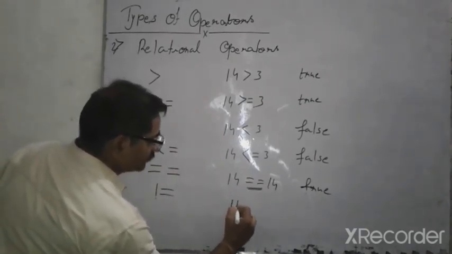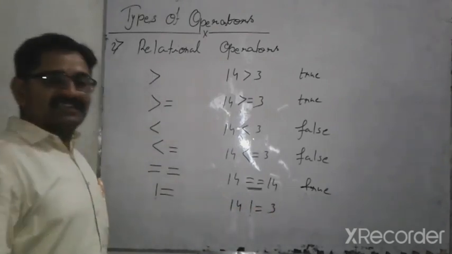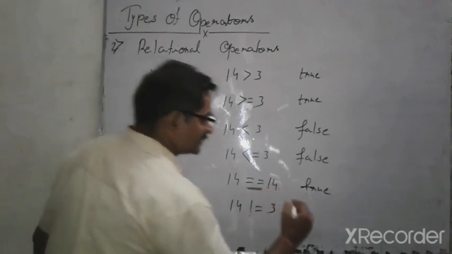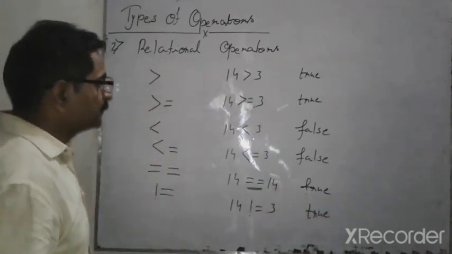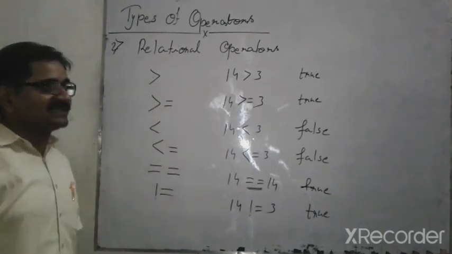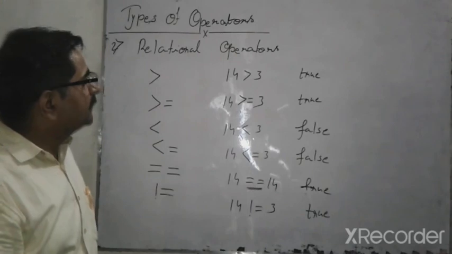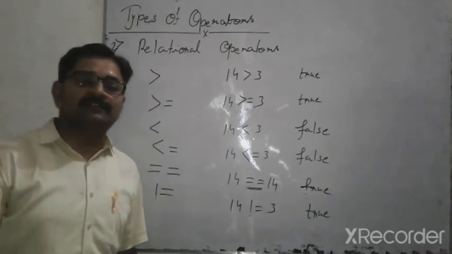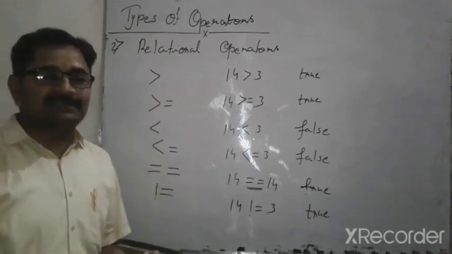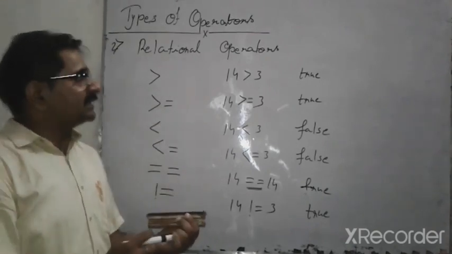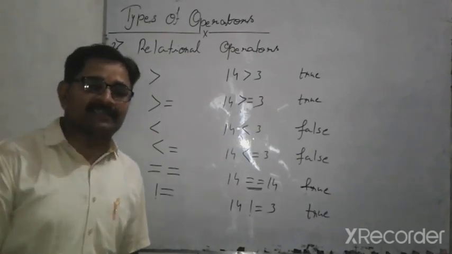Now 14 is not equal to 3. That is true, since 14 is not equal to 3. So these are the 6 types of relational operators in Java, and in the next session we will continue the same topic, types of operators, and discuss the remaining operators. Thank you.